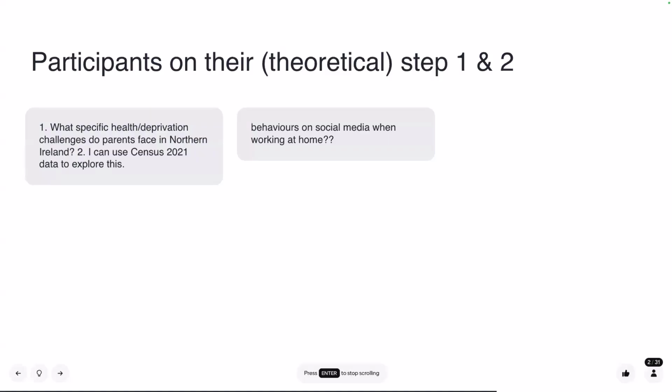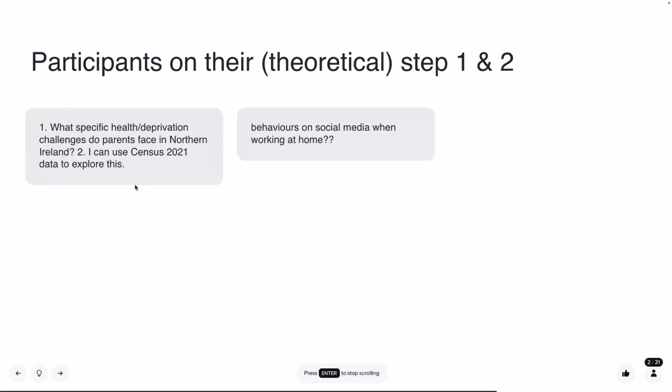Okay, well, I don't want to spend too much time on this. So the first example that we have is someone who wants to look at what specific health and deprivation challenges parents face in Northern Ireland. So step 2, I can use census 2021 data to explore this. So yeah, brilliant. You've got your main research question, and then you're gathering more information before looking at what computational method you want to decide on.